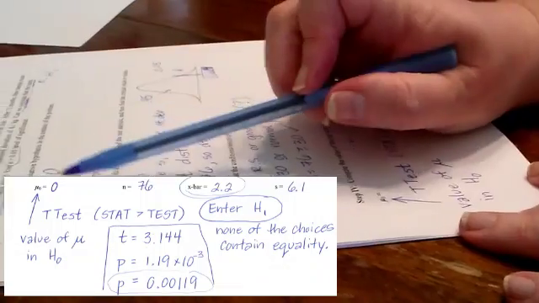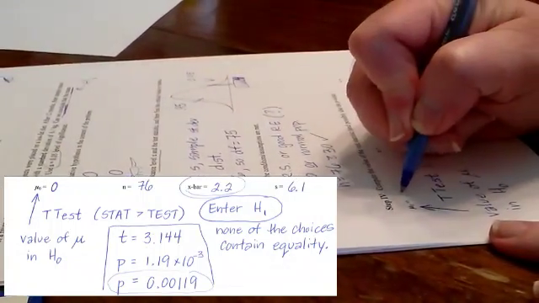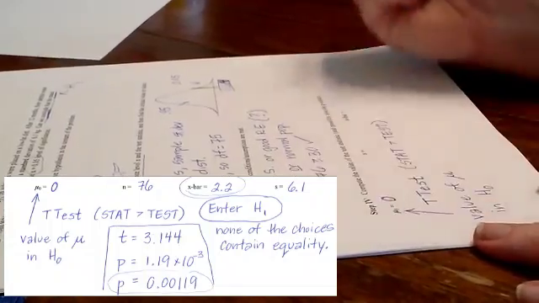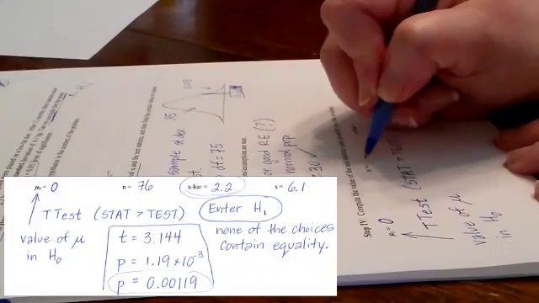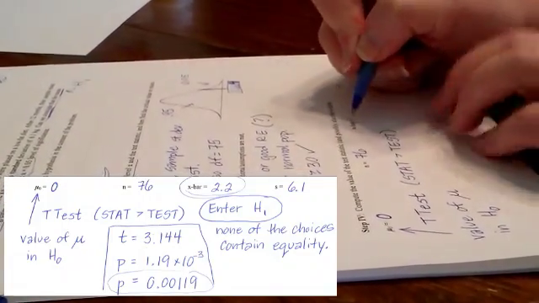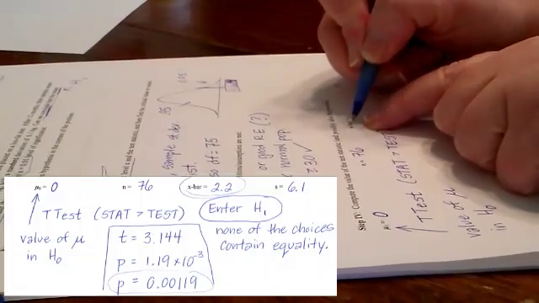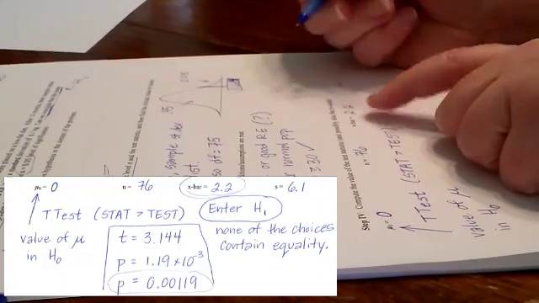So our null hypothesis is that mu is less than or equal to 0. So this value here is going to be 0. It asks for n, which is 76. It asks for x bar, which was given in the problem as 2.2 kilograms.